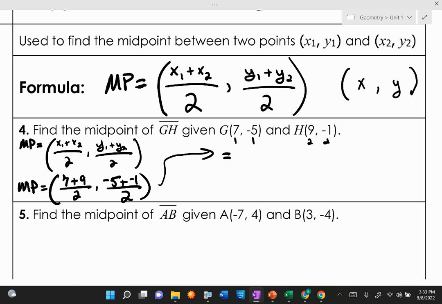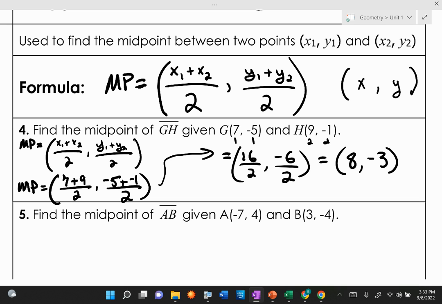Okay, so you've got 7 plus 9, which is going to be 16 over 2, and then negative 5 plus negative 1 is going to be negative 6 over 2. Your last simplification is just to simplify that fraction if you can. 16 over 2 is going to be 8, and negative 6 over 2 will be negative 3.